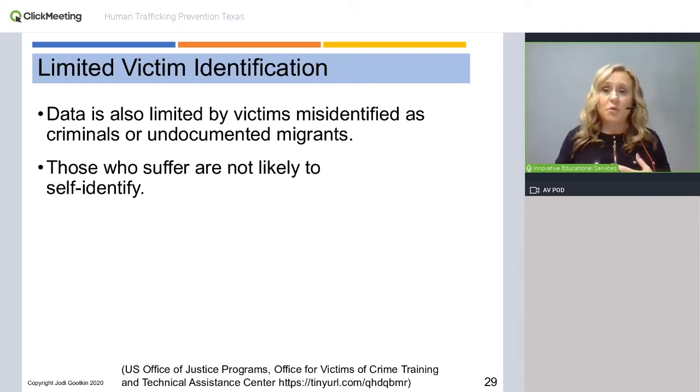If they don't have appropriate documentation, because that is how the trafficker is controlling them by keeping their documents, well, now they may be considered undocumented migrants in the country. Also, they are not likely to come forward. So if they're not sharing that information, it's challenging to really see all of the settings and the number of individuals who are impacted and victims of human trafficking.